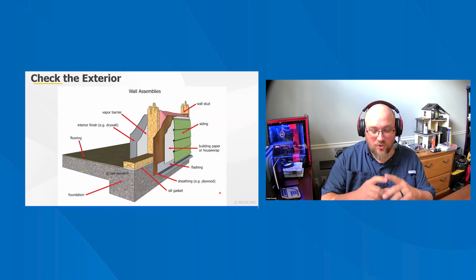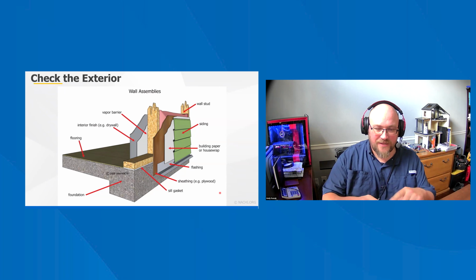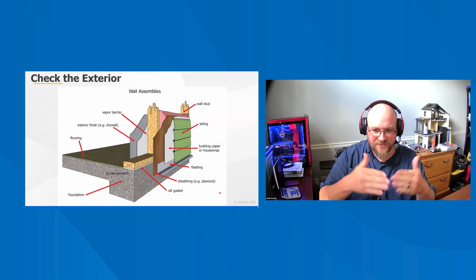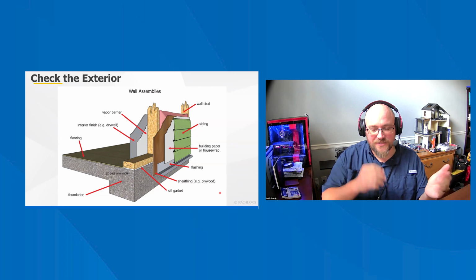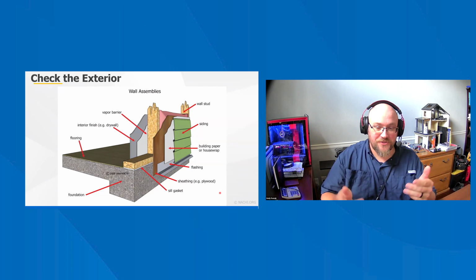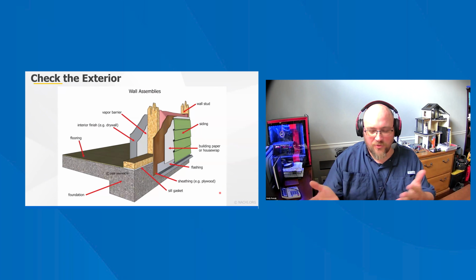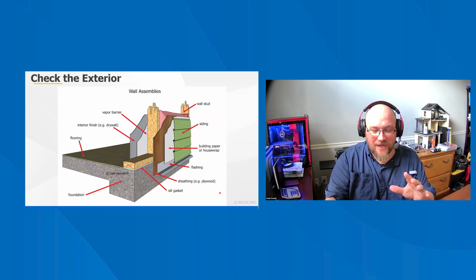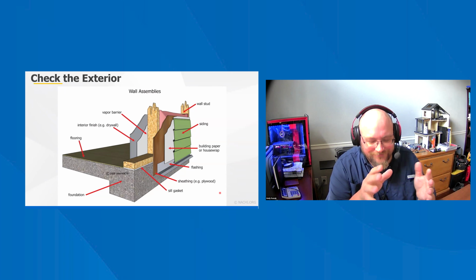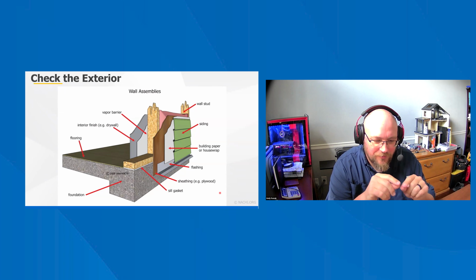So a lot of times that hole in the vinyl siding that they cut in, even if they put up the vinyl siding blocking and make it look nice and pretty, a lot of times, especially if they're still using house wrap versus zip board, and we'll go over zip board here in a minute, but if they're using house wrap, and I always try to look because, again, our new construction is kind of rough.